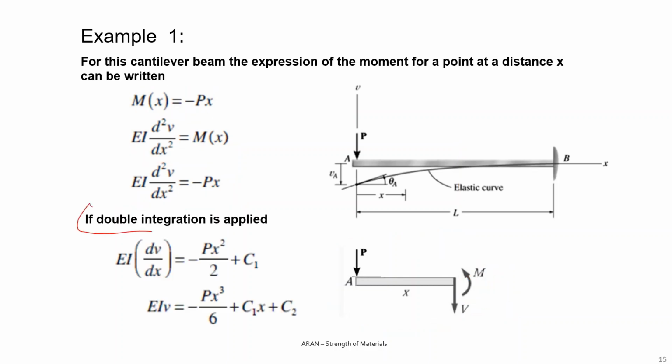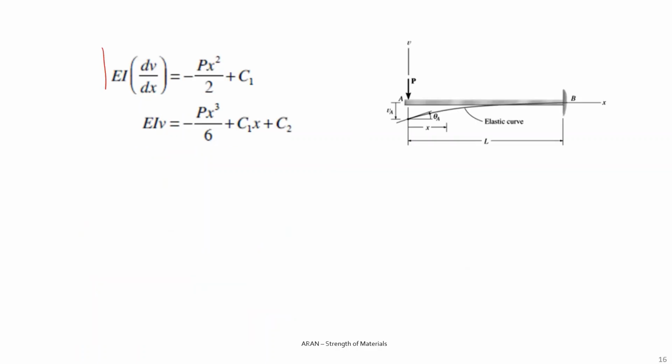If the double integration is applied, dv over dx and v function is obtained, you have two integration constants. Well, these are my two equations for the slope and for the deflection.